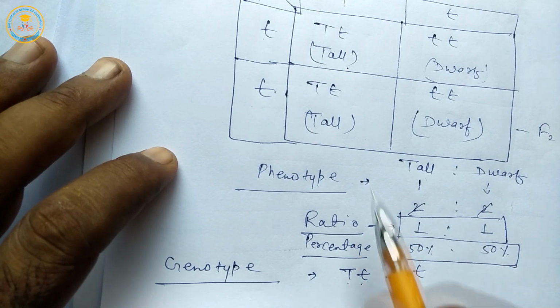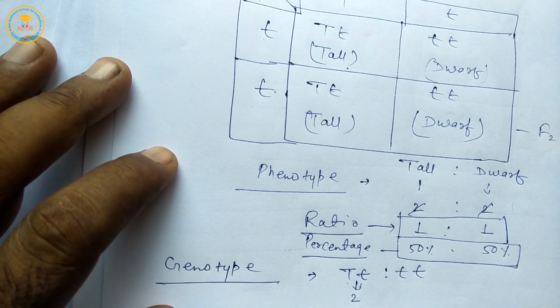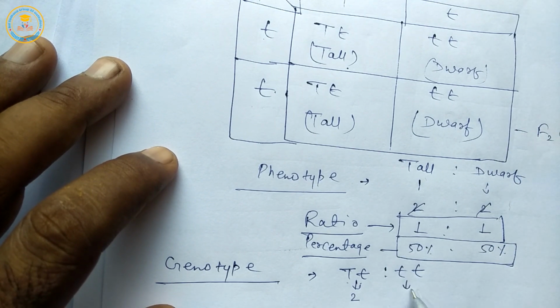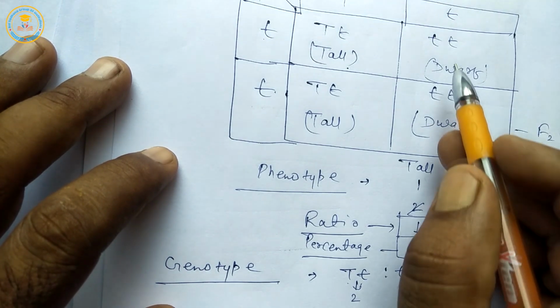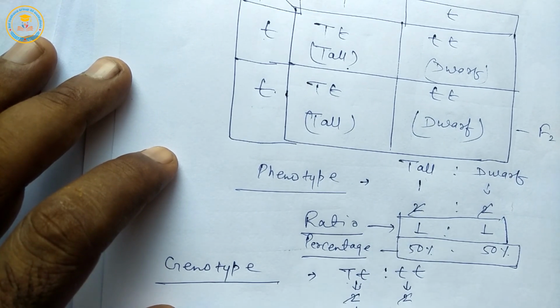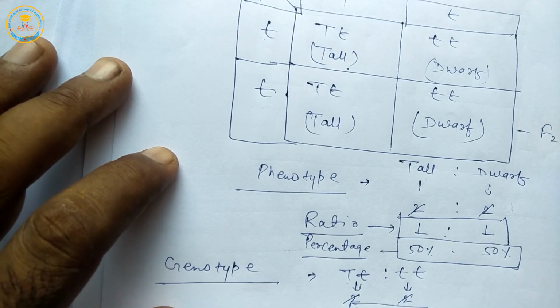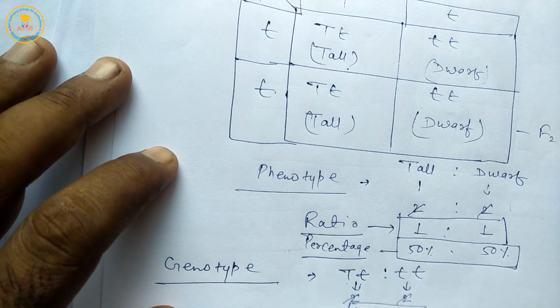This type plant is 1, 2, it means 2. Next, recessive homozygous 1, 2, 2. So ratio is 1:1 and percentage is 50 percentage.